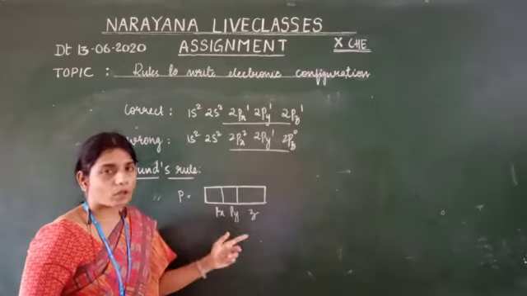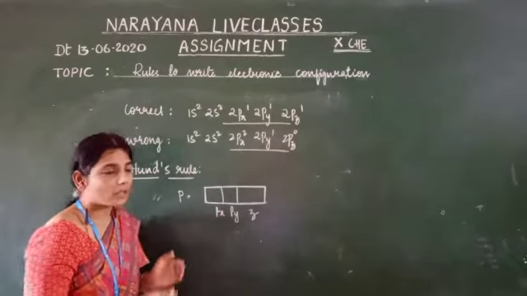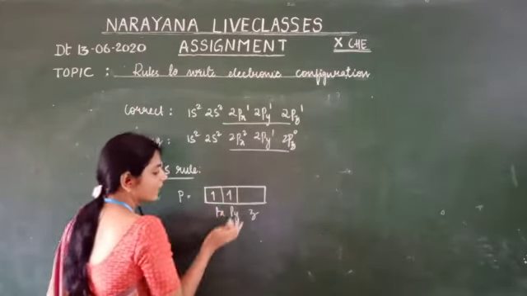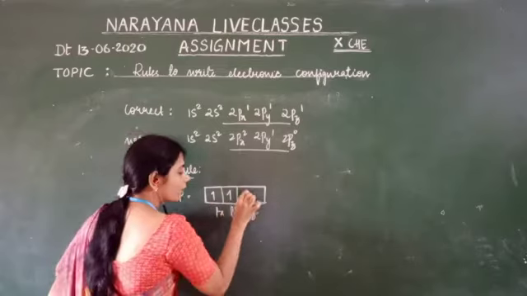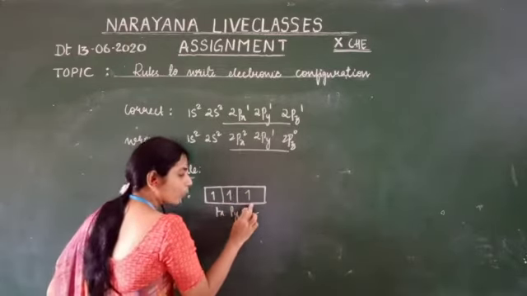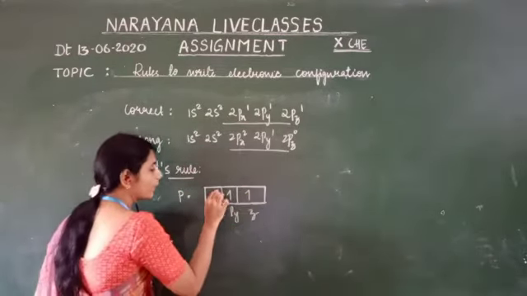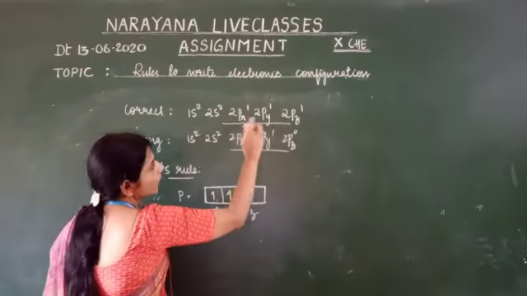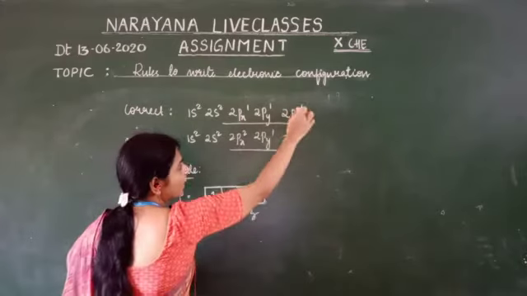Such orbitals are called degenerate orbitals. So according to Hund's rule, while I am writing the electrons in this subshell, first the degenerate orbitals should be singly filled and then only they have to pair. So according to this rule, 2px1, 2py1 and 2pz1 is correct.